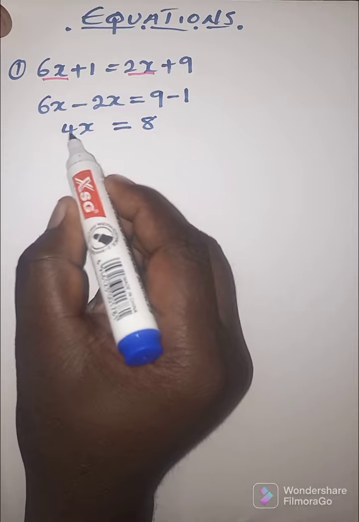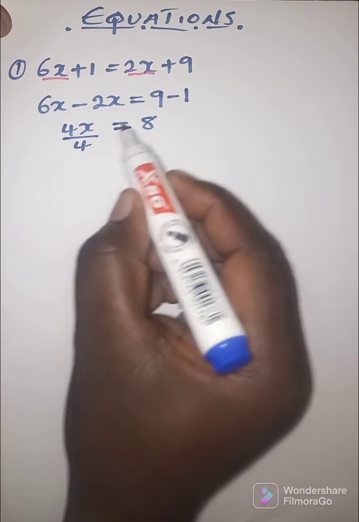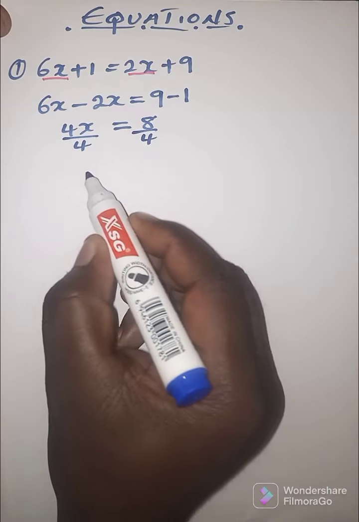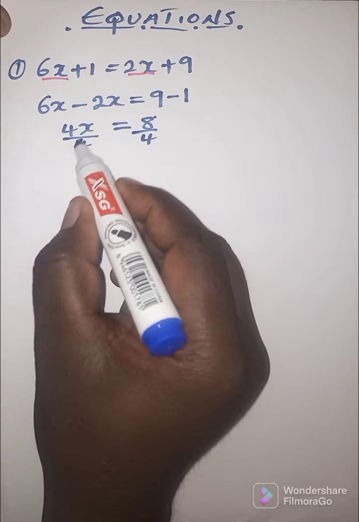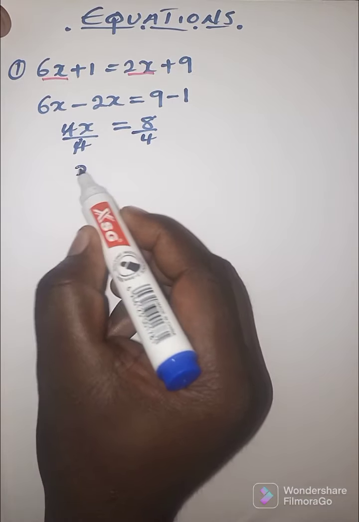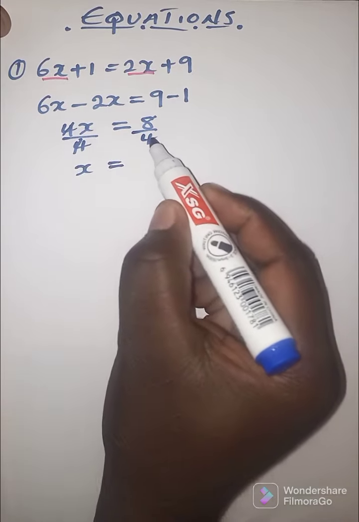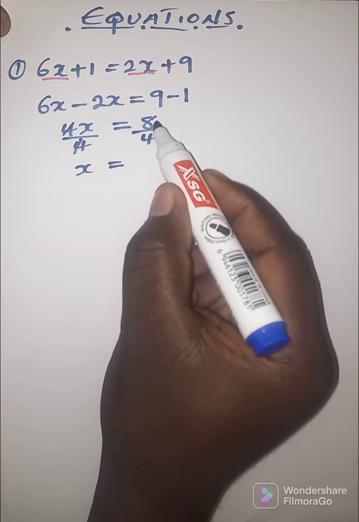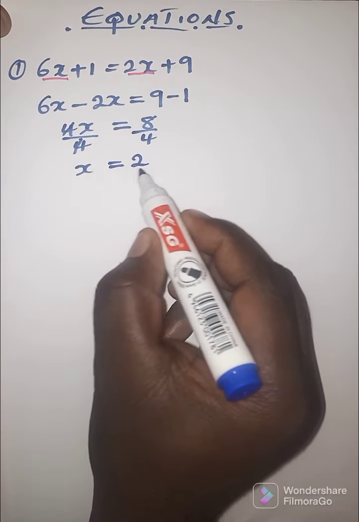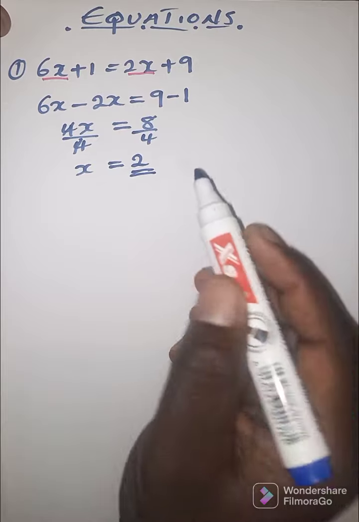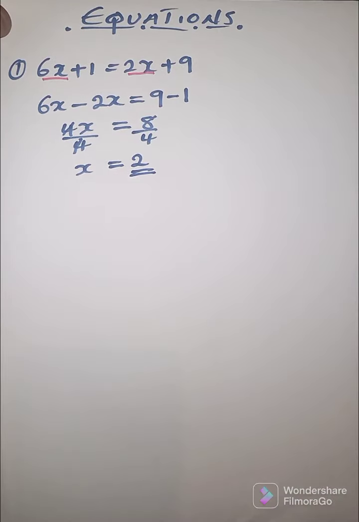So to get the value of x, we divide both sides by 4. And if we divide through 4 into 4 and 4 there, we remain with x is equal to, how many times does 4 go into 8? That is a 2. So this is the solution to this first equation.